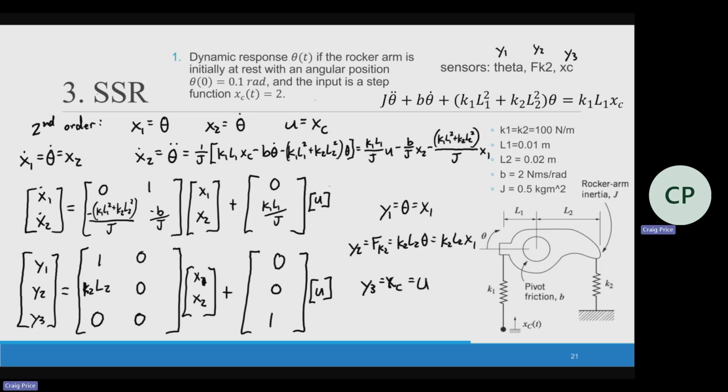Now, it says it's initially at rest, but it has a starting point that is not zero. It starts at 0.1 radians. What does this tell us we need to do? I have to do formal Laplace transform because we have an initial condition. So based on the initial condition, we're going to have to incorporate that.